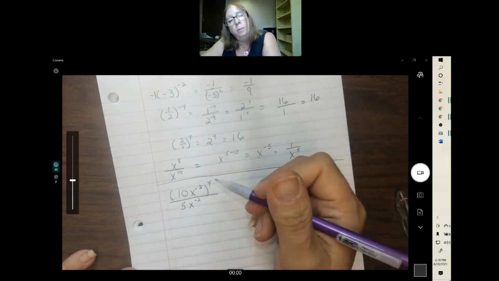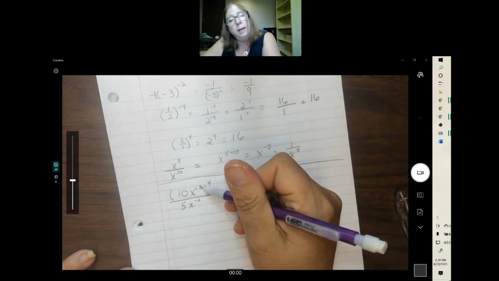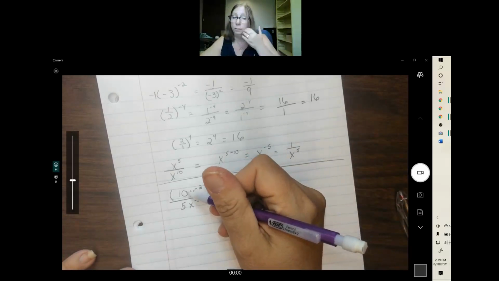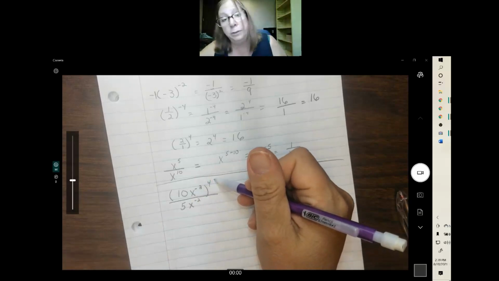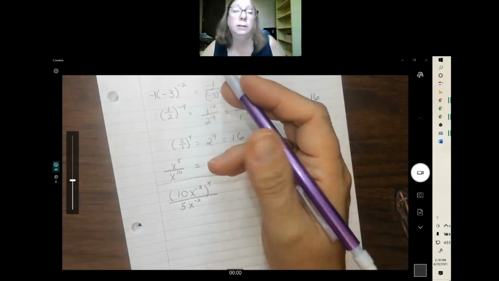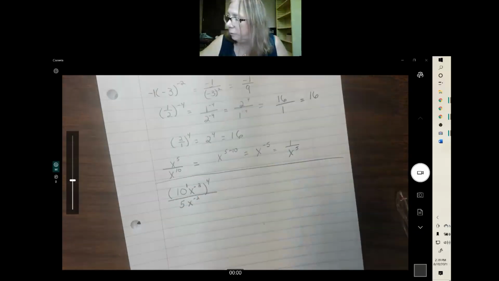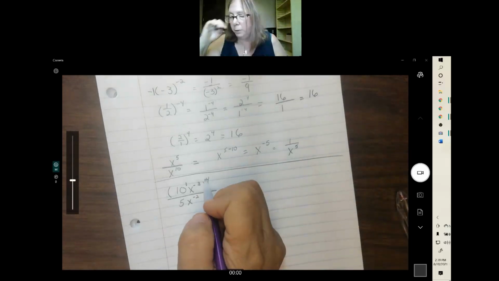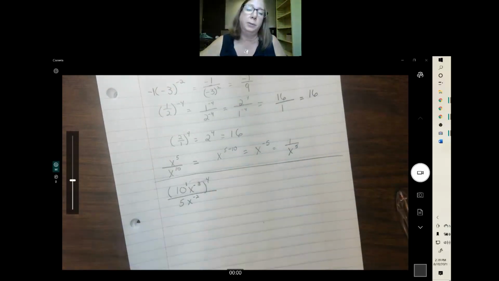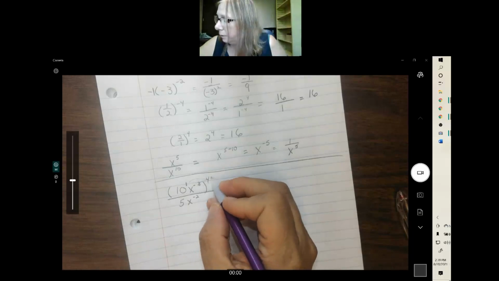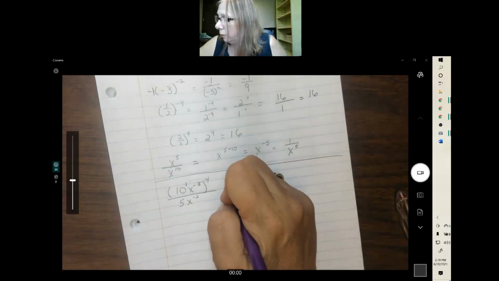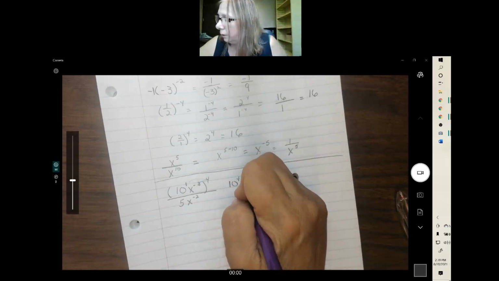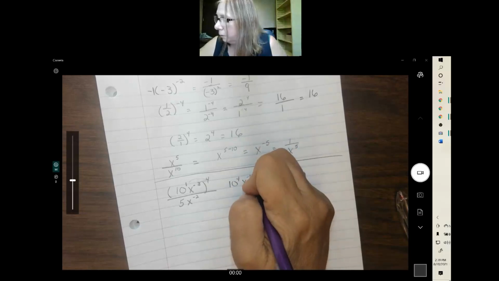Most common mistake is to multiply these two and forget that 10 is also going to the 4th power. So when there's no exponent, it's a 1. So this 4 gets multiplied times both of these because they're exponent to an exponent. It's 10 to the 4th and x to the -12th.